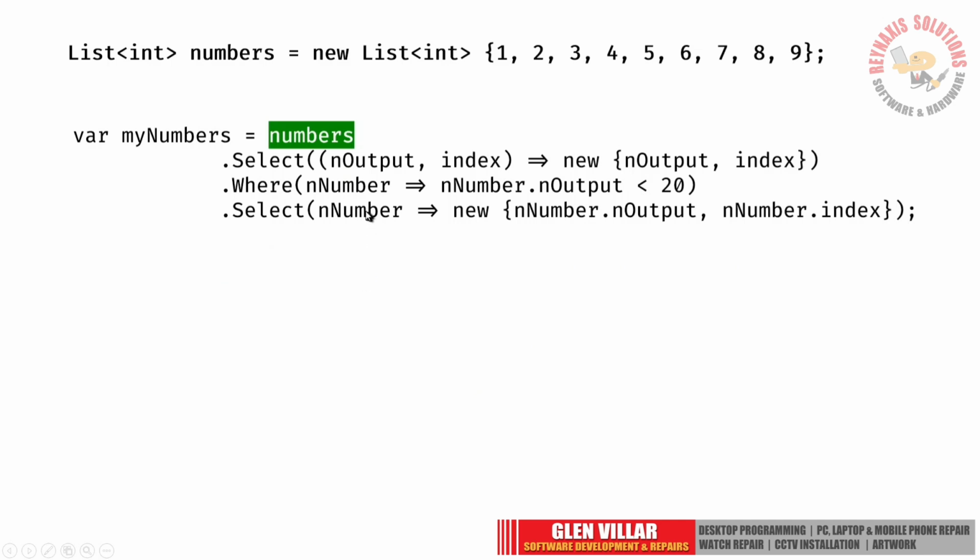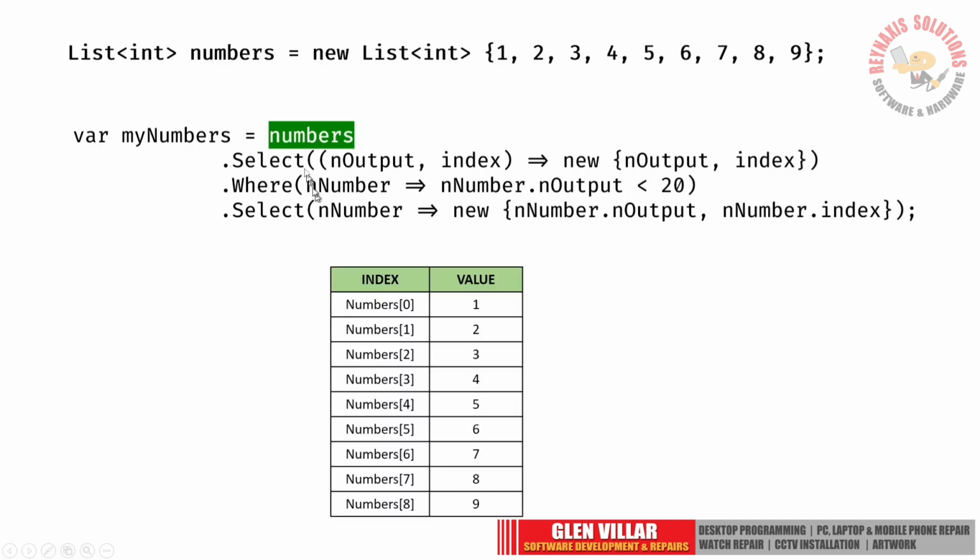The next part of the method query that we're going to check is the word numbers. The word numbers is actually the list declared earlier. If we look at its structure, we can define it like what you see in this table. We have the index, and under the index column, we can see all the elements and their corresponding numbers.